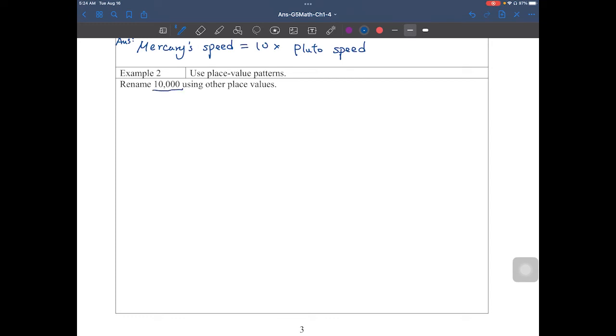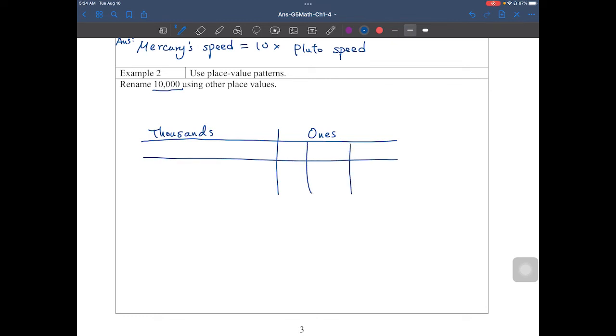We have thousands, and then we also have ones. Each of these has 3 places: ones, tens, hundreds, and again ones, tens, hundreds.